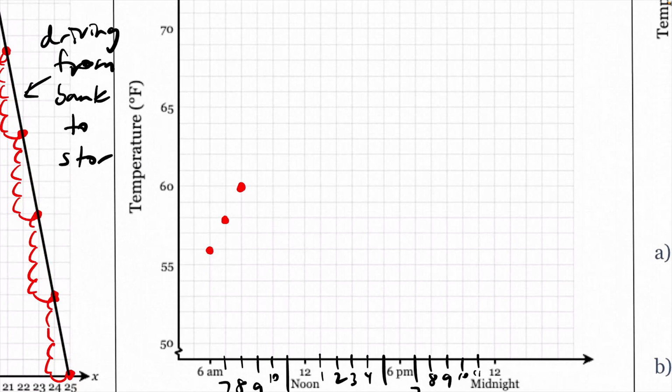So 3 hours from now is 11, right? From 8 to 11. At 11, it's going to be 62 degrees. Okay. Another 3 hours is it's going to be noon, 1, 2. It's going to go up 2 more degrees. So that's going to be 64 at 2.